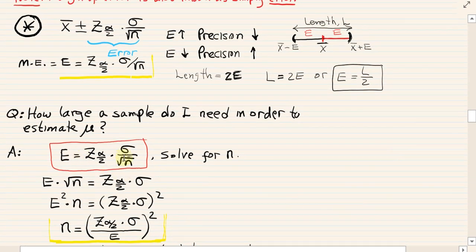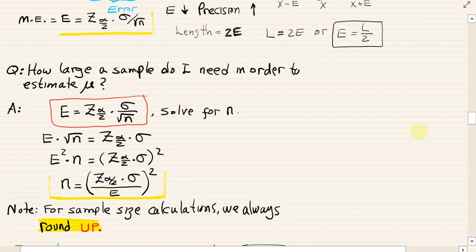What I've done is multiply both sides by square root of n, so it appears on the left now, and I lose it on the right because it cancels with the denominator. Then I squared both sides in order to lose the radical. And then I divided both sides by e squared, and there's our formula for sample size. Megastat actually gives you this, but I just want to illustrate it through the use of the formula.